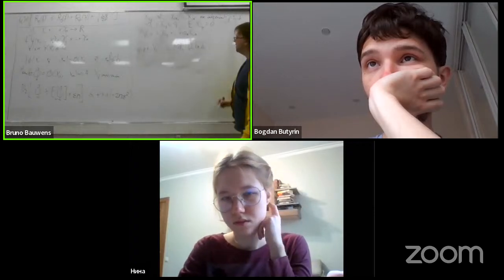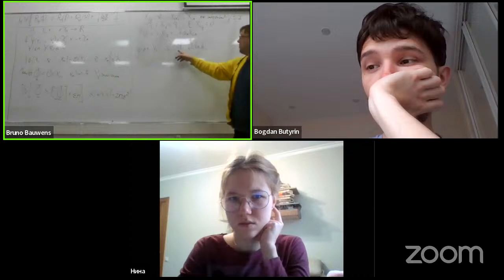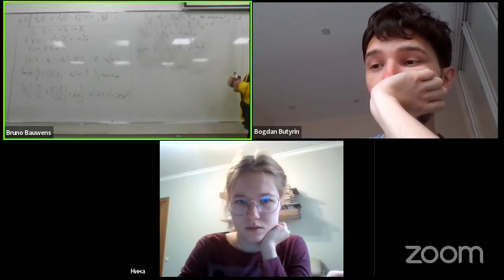So we have here the norm of r times the square root of 2 ln d.